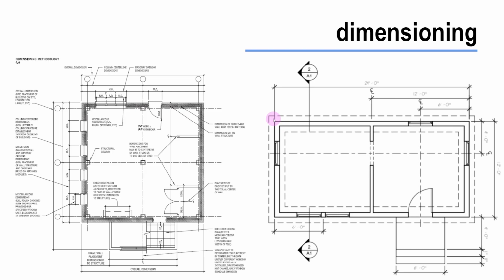It's if I took a tape measure and measured from the face of the stud on this west wall to the face of the stud on this east wall, it is 24. So all of these measurements are taken directly from the frame, not from the finished exterior. The same thing is going to happen with your masonry work as well.